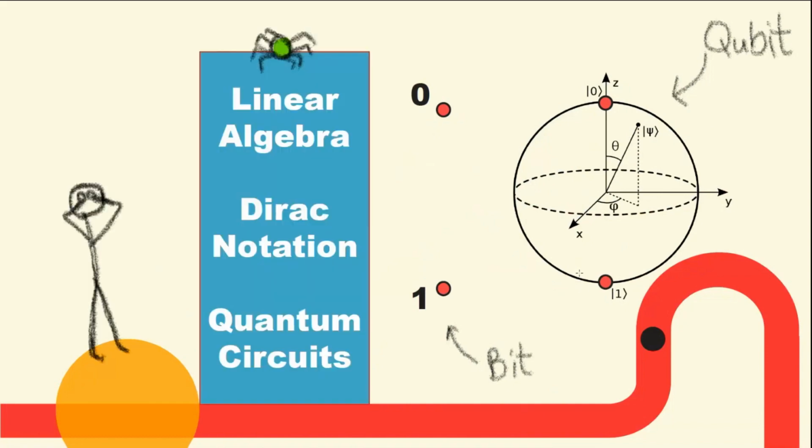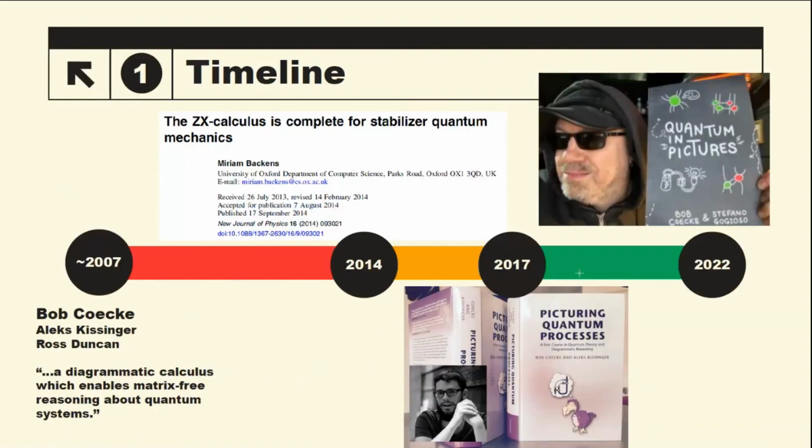Normally, when people want to learn about quantum information processing, there's a big barrier in the way. First you need to learn a lot of linear algebra. You have to learn about Dirac notation, probably some quantum circuits if you want to do quantum computing. But the ZX Calculus gives you a shortcut around this barrier, and you can do all of this just using these simple diagrams.